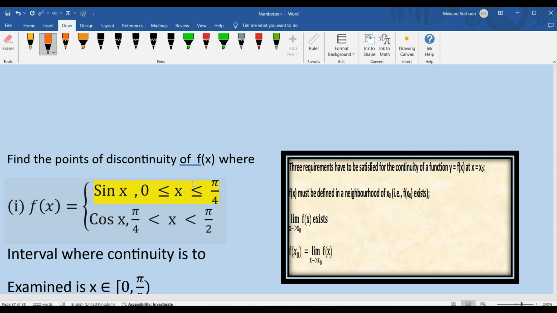And at x equals 0, can we still call this function continuous? The answer is yes, the function is continuous, because in this particular case, we will have to be worried only about the right hand limit, because the function starts from 0 and proceeds till pi by 4.